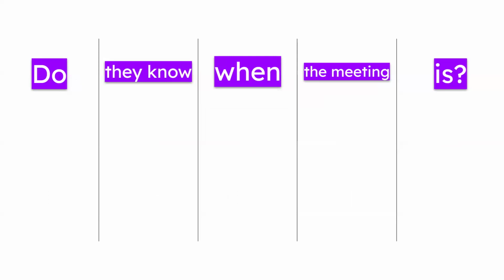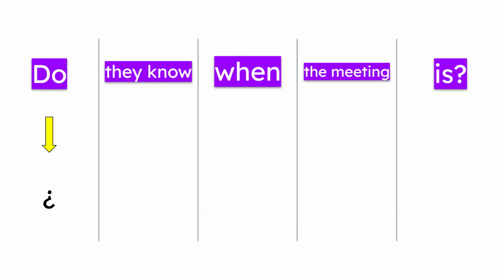Next, do they know when the meeting is? Okay, this is a question. How do we start? Since this is a question, obviously we start with the opening question mark. That's right, and they know. Since we are doing only sentences with saber, it's easy, right? So how do you say they know?